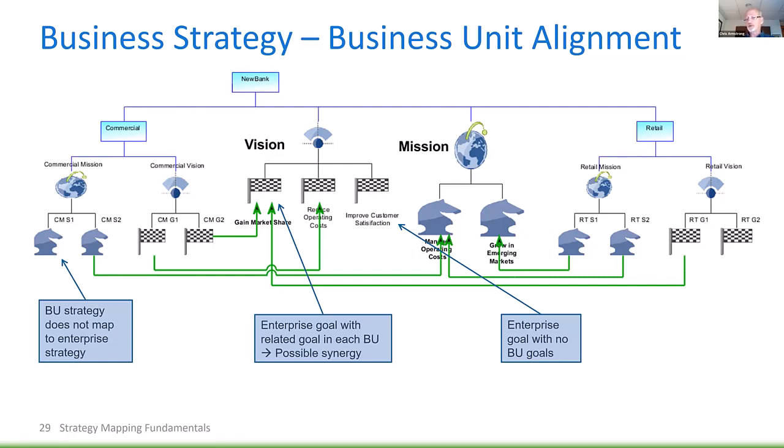But doing this traceability not just informs us to make sure we don't have any major disconnects in our future execution, but it also identifies opportunities for synergy. A lot of times when we're doing this planning, it's kind of top down and then into different business units, and sometimes it's bottoms up a little bit.